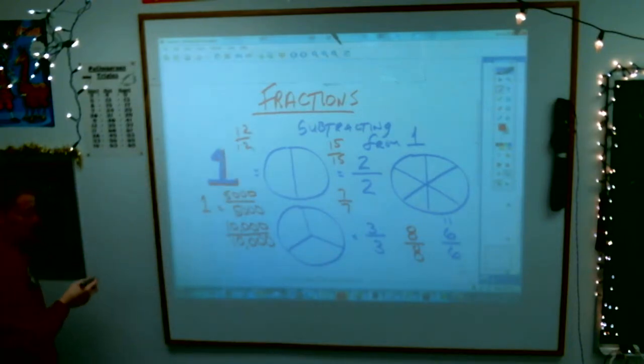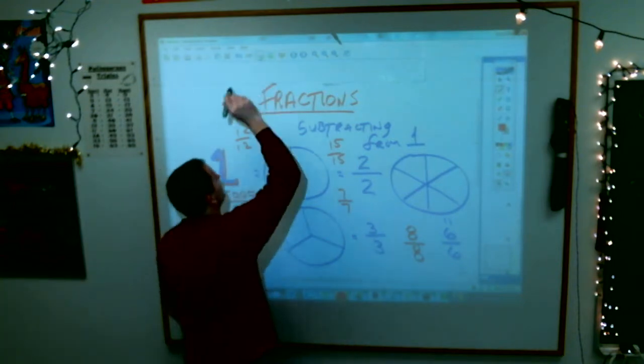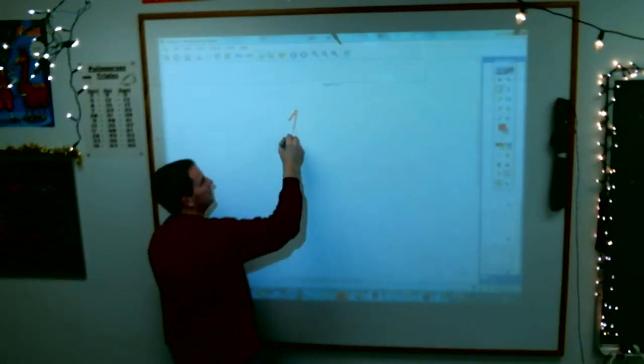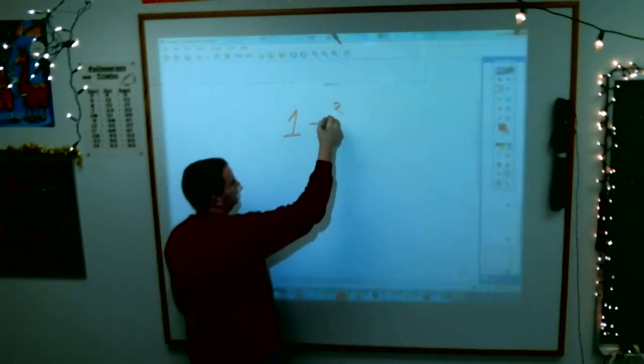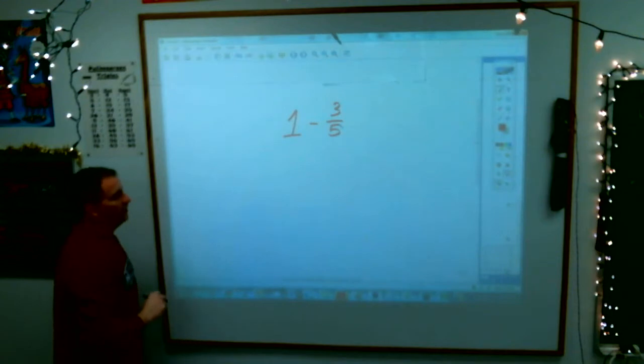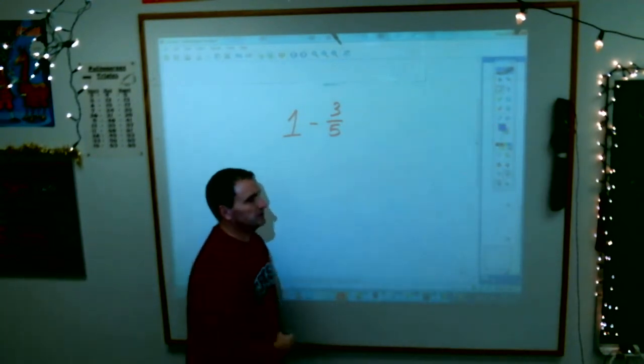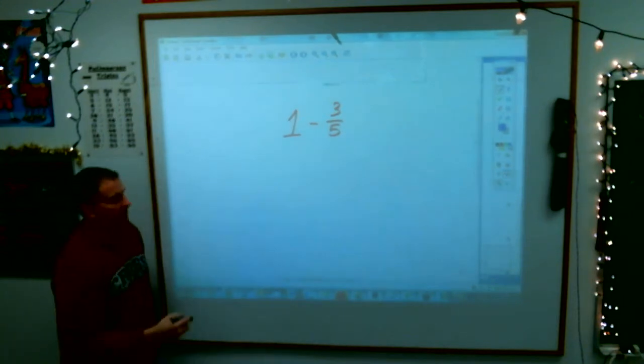Why, you ask, is this important? Well, because if you're given a problem that looks like this, 1 minus 3/5. As Isabel already stated once today, so this will be the second time today you've heard this. Anytime you're given a subtraction fraction problem, you write it up and down.